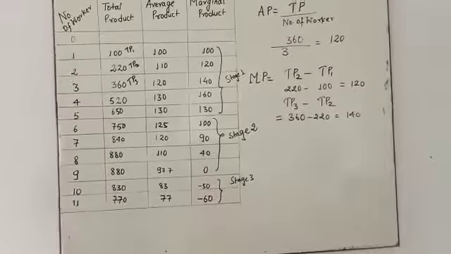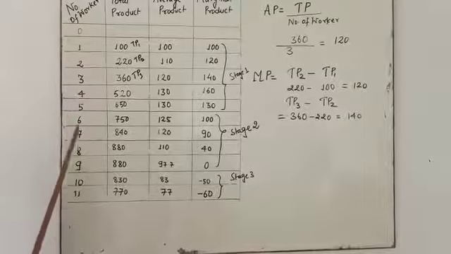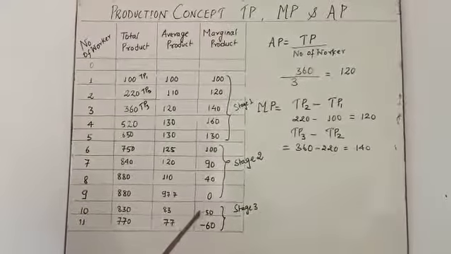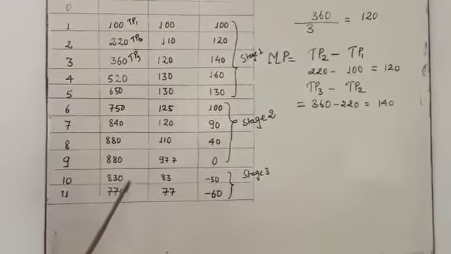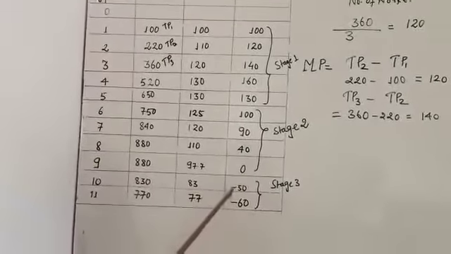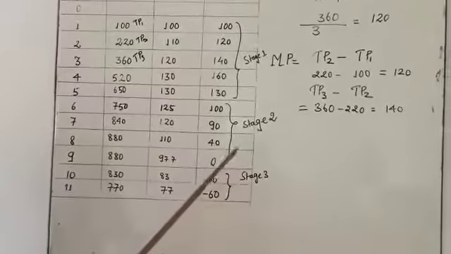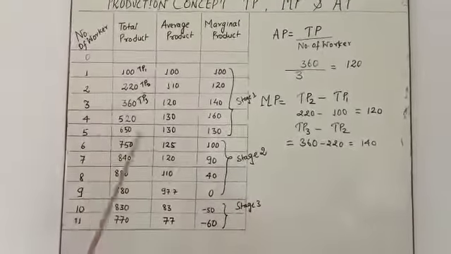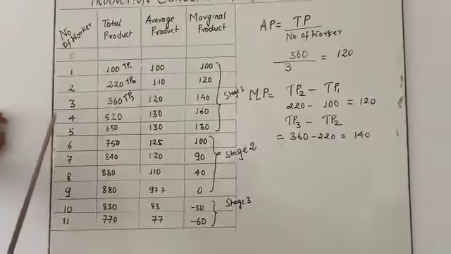So why is it called return? Because when we increase the number of workers, your return is going to be negative. Why? You see, when you are using 10 labor, your total output is 830, but your return is going to be negative: minus 50, minus 60. That is called the case of negative return. So from this situation, in stage 2, you observe that it is diminishing.